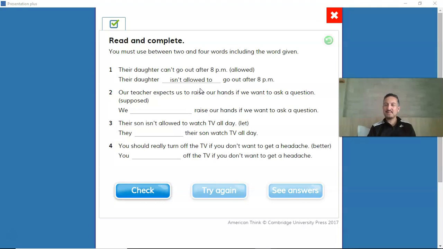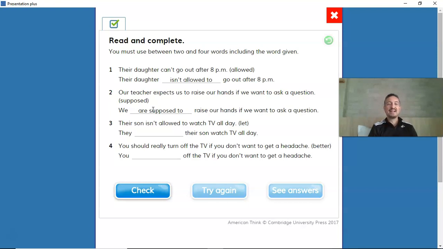Okay, did you have time to do it? So let's check. Number 2, our teacher expects us to raise our hands if we want to ask a question. So this is an obligation. We have to do it if we want to ask a question. Using supposed to, we have to use the passive. So we are supposed to raise our hands if we want to ask a question.